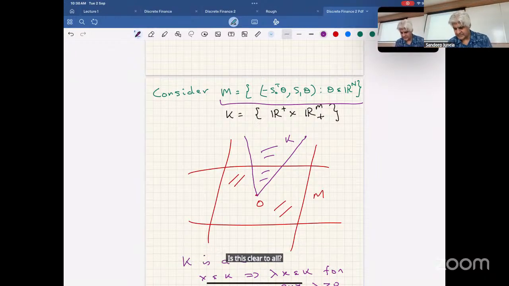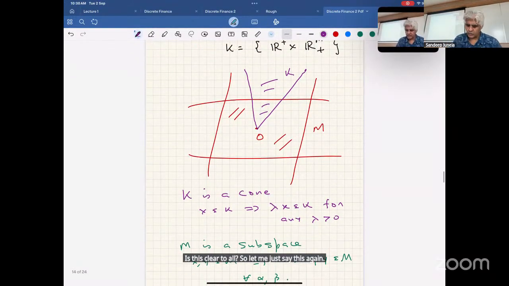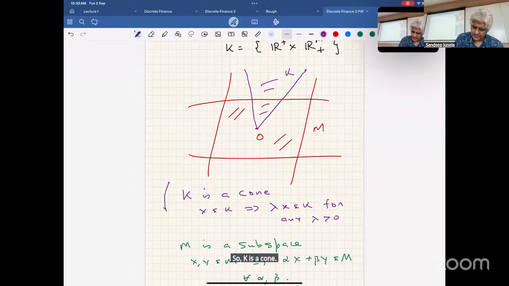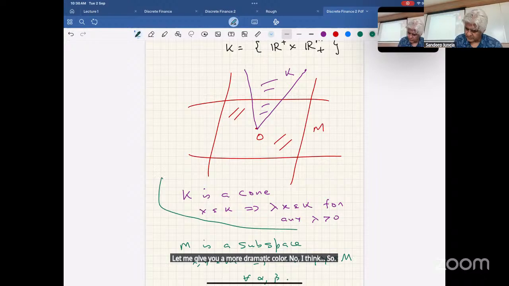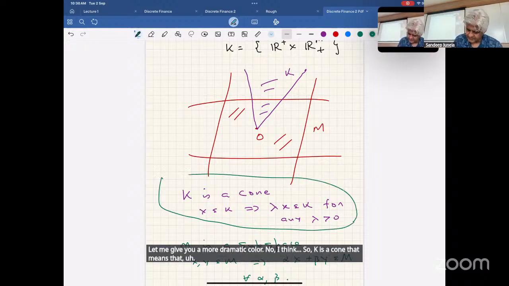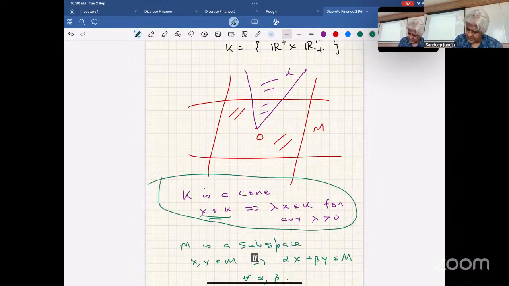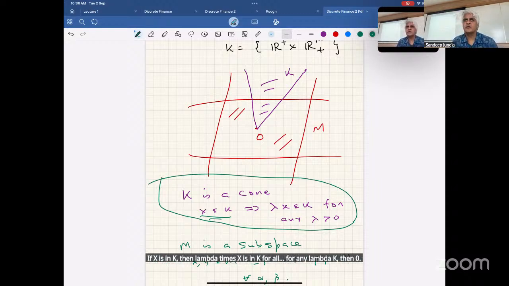Let me just say this again. K is a cone. That means that if X is in K, then lambda times X is in K for any lambda greater than 0.